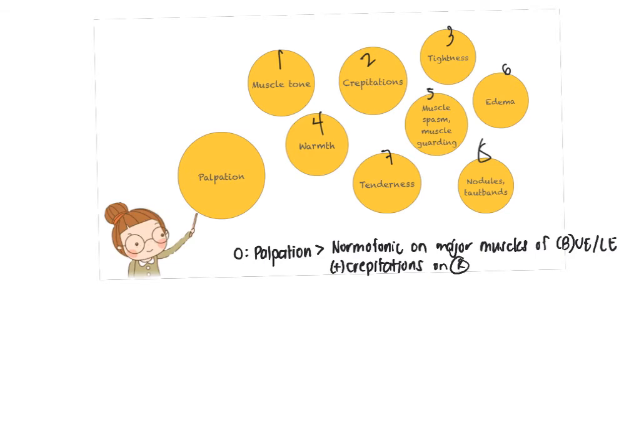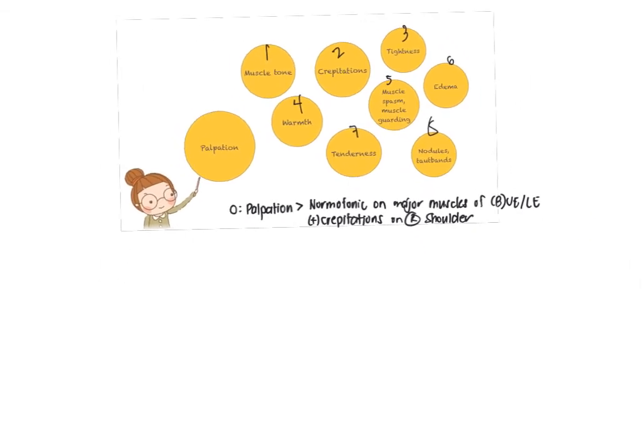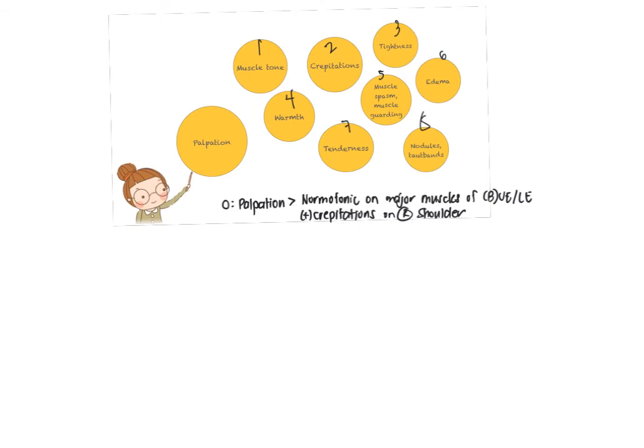Let's say on right shoulder. And then include the action at which you noted the crepitation. So for this one, crepitations on right shoulder during, let's say, passive shoulder flexion. If there's tightness, then you write positive tightness and then you specify anong muscles ang may tight. Positive tightness of the right biceps brachii.